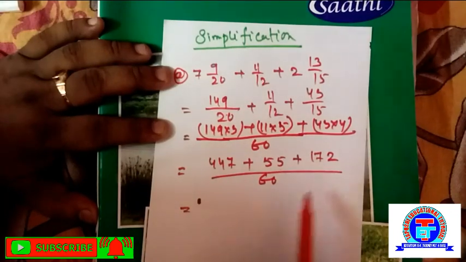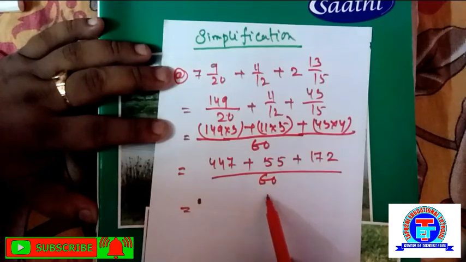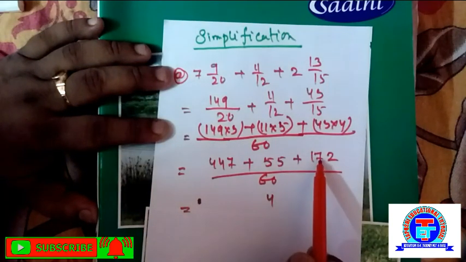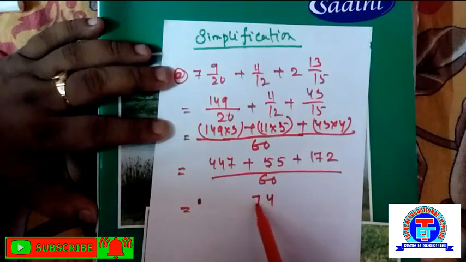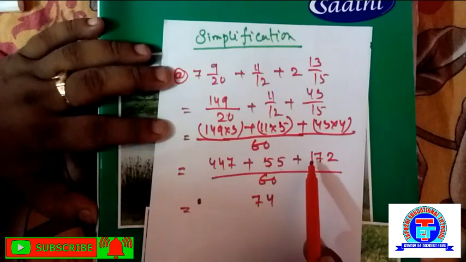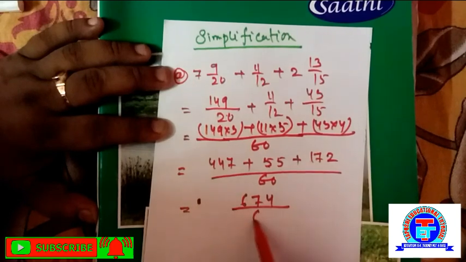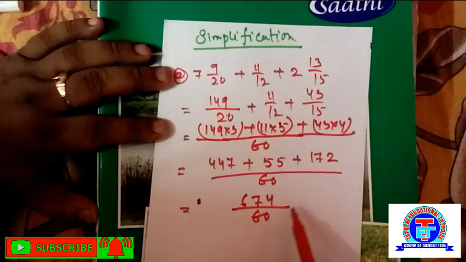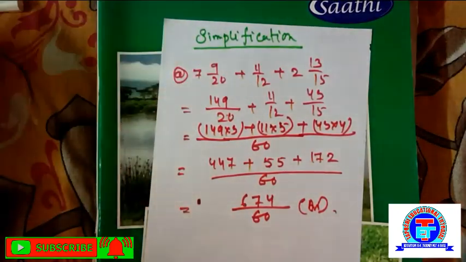Now it will become 2 and 7 is 9, 5 and 8 is 13, and 4 is 17, 1 carry, this one 1 and 4 is 5, and 6 by 60. Now when we represent the answer in a mixed fraction, this is the answer of the given problem, right?